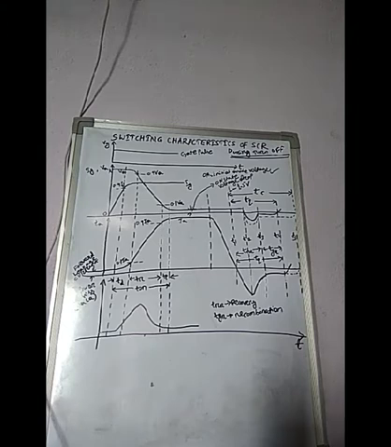So the device will go into conduction immediately even though the gate signal is not applied. That means the anode current has fallen to 0, below holding current level, and there is no gate signal, but still if we apply the forward voltage across the thyristor, the device goes into conduction immediately, without applying gate signal.